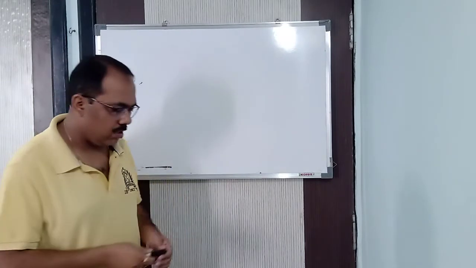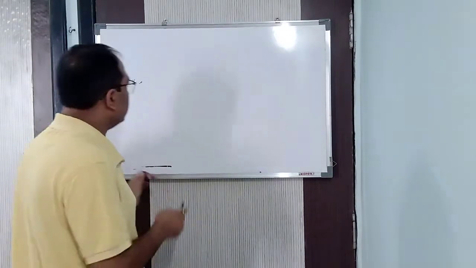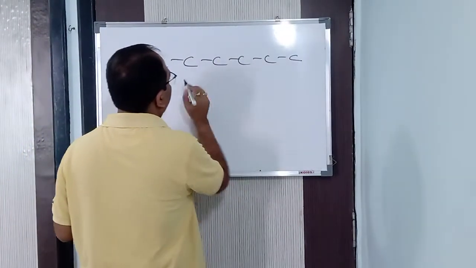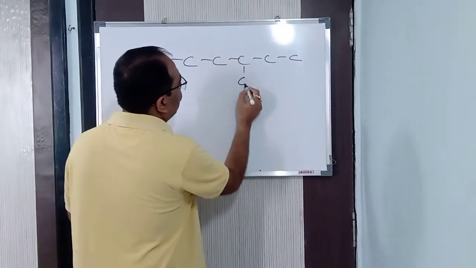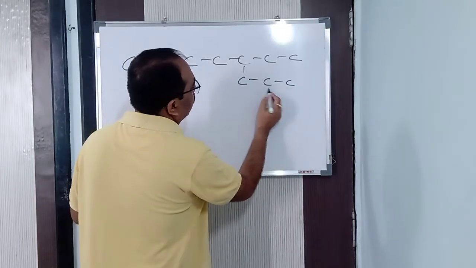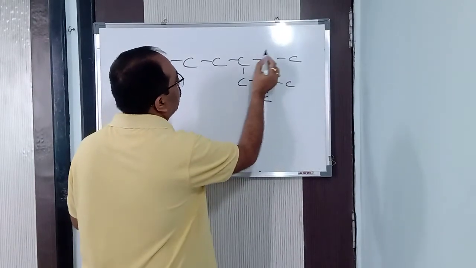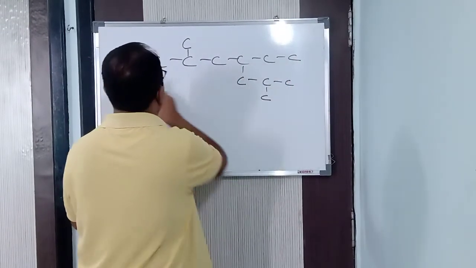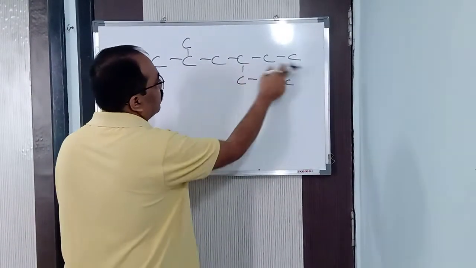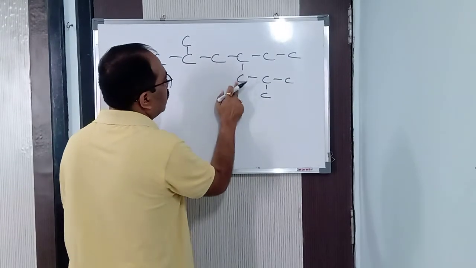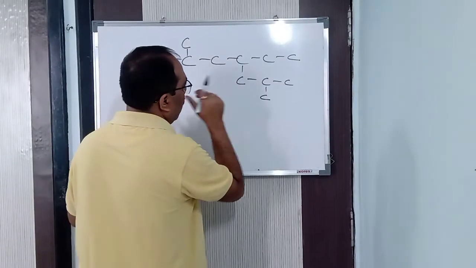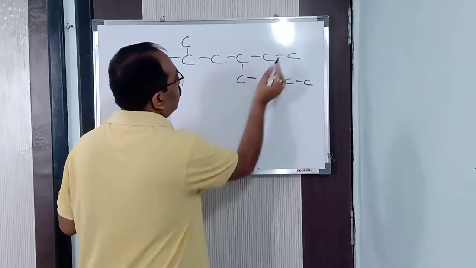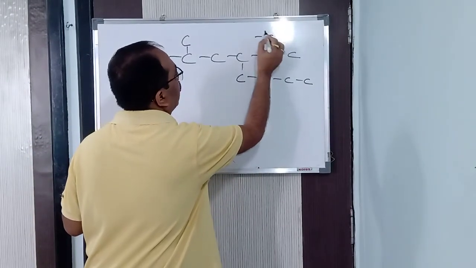Complex group means, let us say we are having this one, with 1, 2, 3, 4 here, and here one, and 1, 2, 3, 4, 5, 6, 7, 8. Okay, one more, let me give it here.